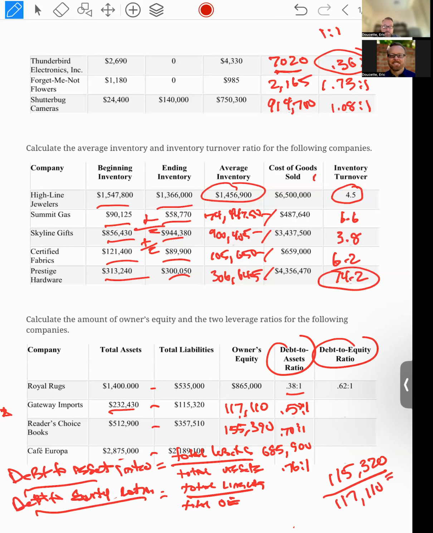The answer to that comes out to 0.98 to 1. So for every dollar of equity that I have, I have 98 cents worth of debt. I think that's right.